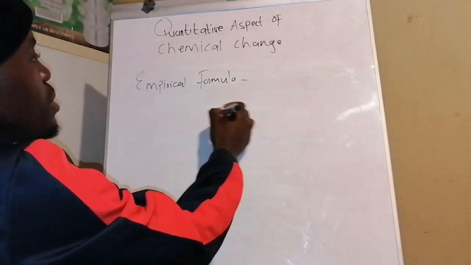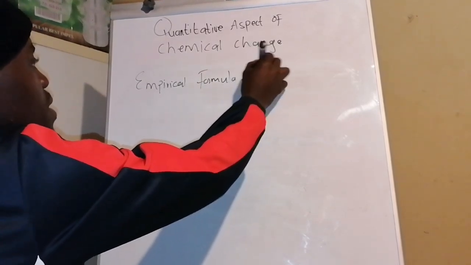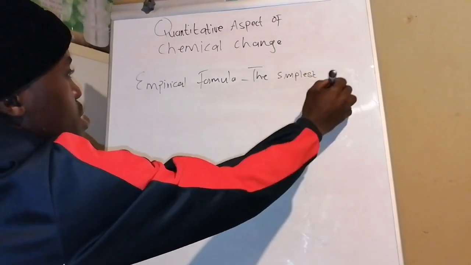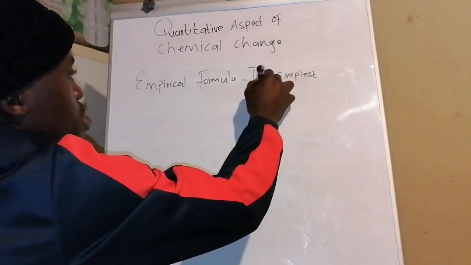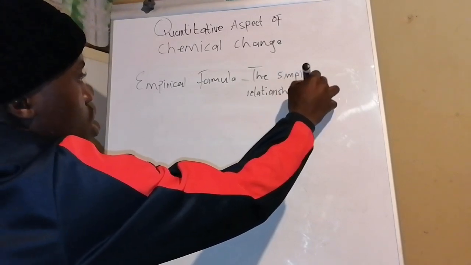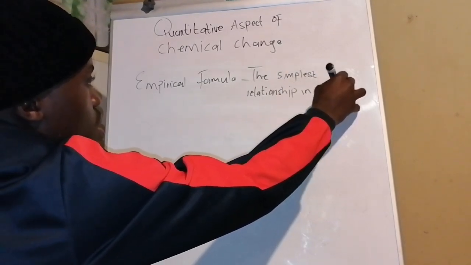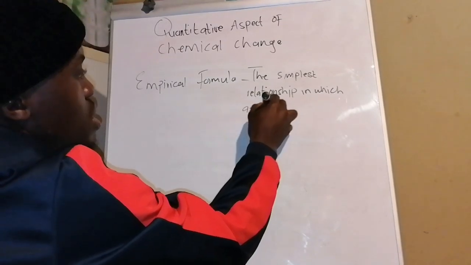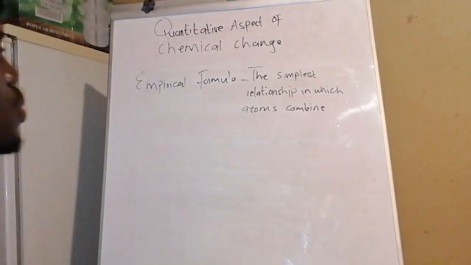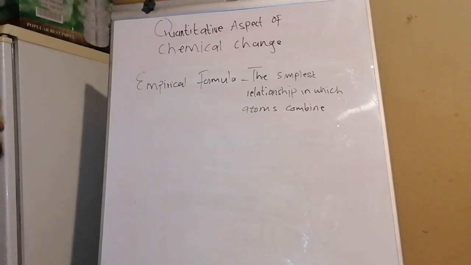An empirical formula, we say that it is the simplest relationship in which atoms combine. So empirical formula: the simplest relationship in which atoms combine.